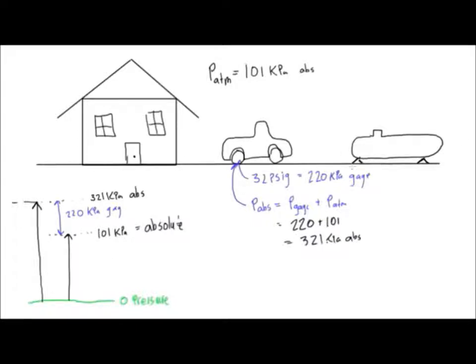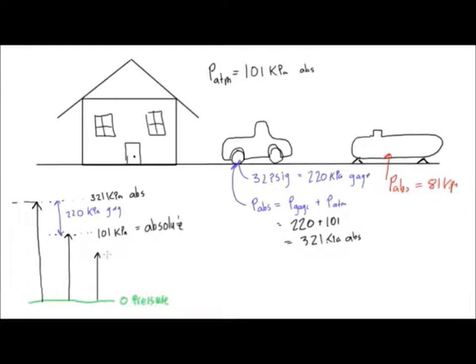We say we have some tank here, and let's say that the absolute pressure in here is going to be equal to 81 kilopascals. So if we put this on our reference here, we had 101, 321. This is obviously not to scale.